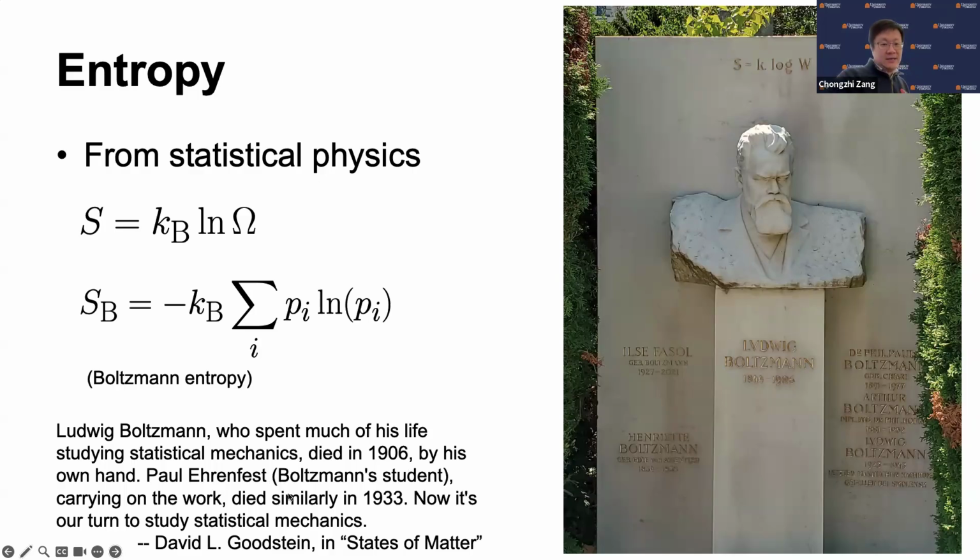Paul Ehrenfest, Boltzmann's student, carrying on the work, died similarly in 1933, and now it's our turn to study statistical mechanics. So it's a funny and scary opening for studying statistical mechanics and all of the statistical physics concepts.